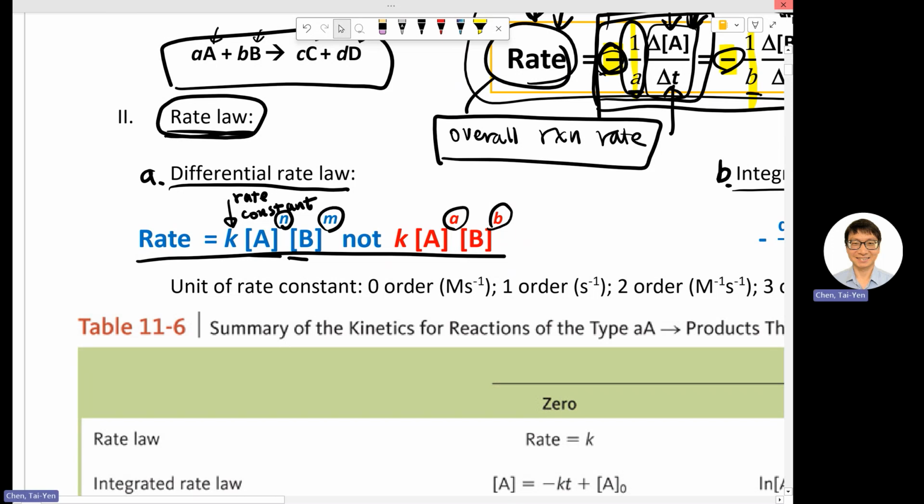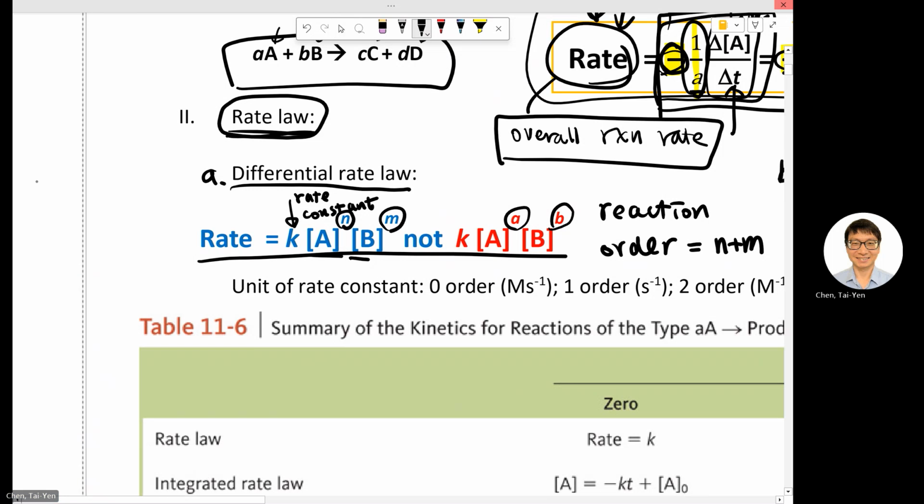Here, we are going to say the reaction rate is proportional to the reactant A raised to the mth order, and proportional to reactant B raised to the nth order. The overall reaction order is simply the sum of the exponents.